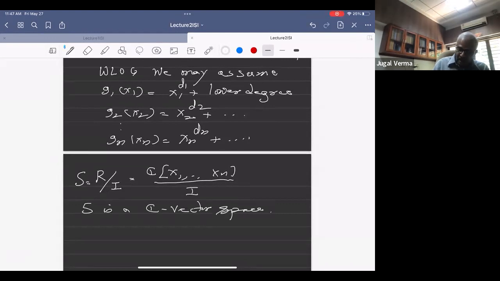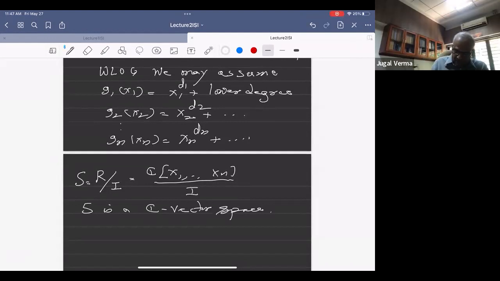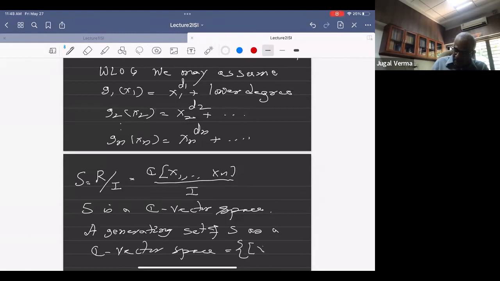The polynomial ring R, as a vector space, is generated by all monomials in x1 up to xn, and this is a quotient space. So therefore, a generating set of S as a complex vector space is the monomials, and then we take their residue classes.